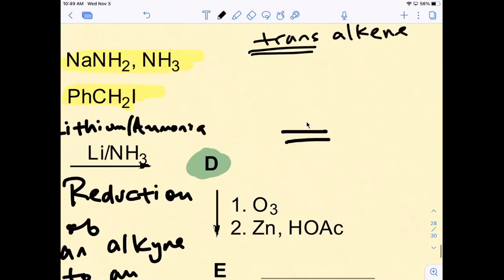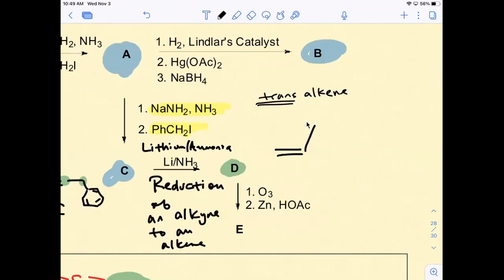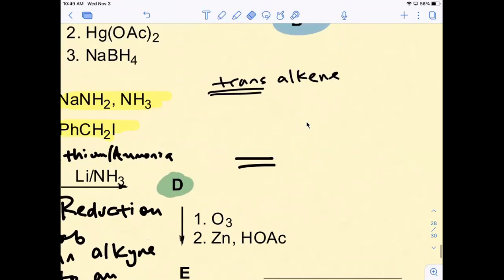Is that right? And then on this side, it's going to be here. Hold up, let me fix that.